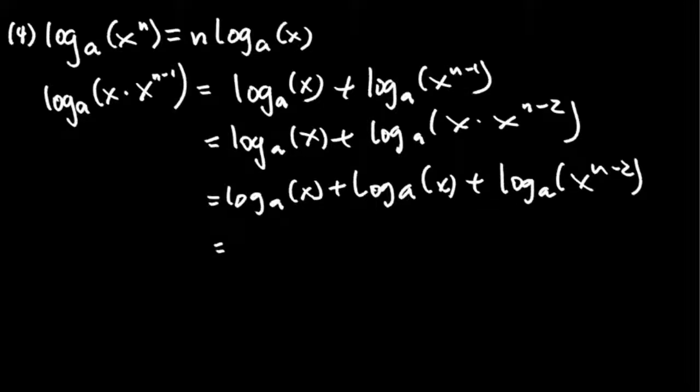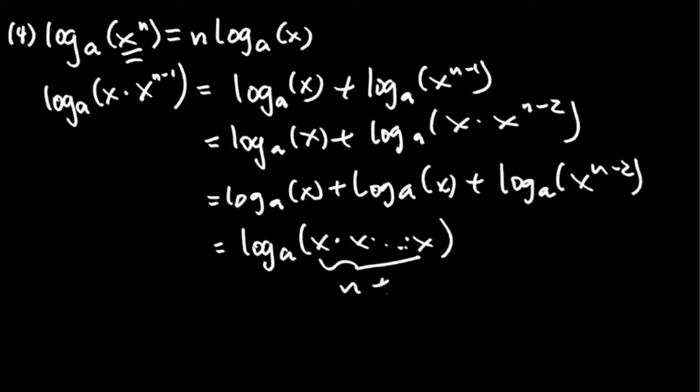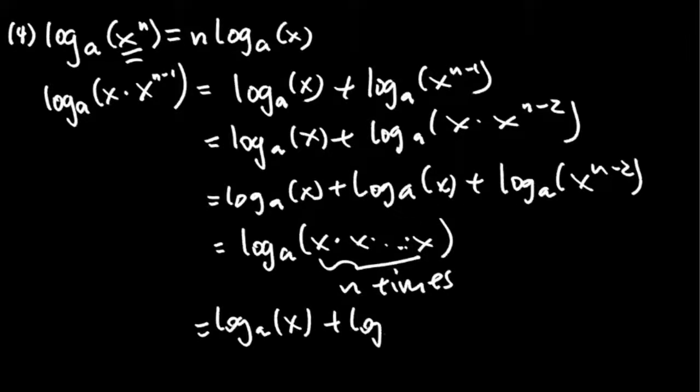So in other words, what's happening, you can also look at it this way. That you have x times x times x. How many times? That's n times. So you're essentially breaking all of these into multiplication or addition. So it's just log base a of x plus log base a of x.